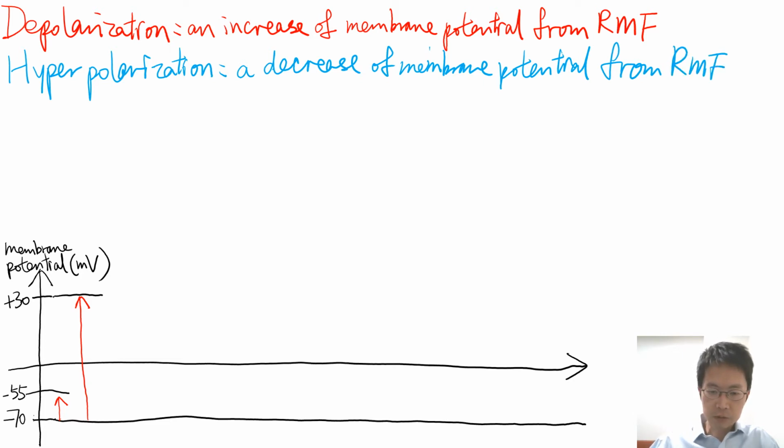For example, this is minus 90. So if the cell goes from the resting membrane potential to minus 90, we call it hyperpolarization.